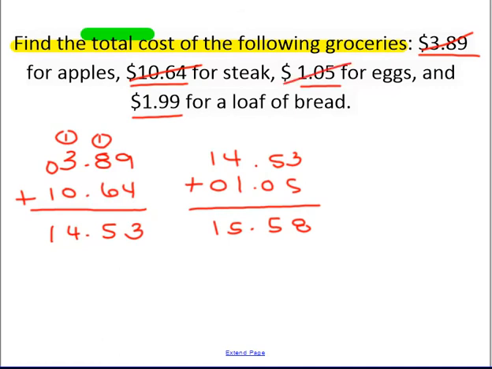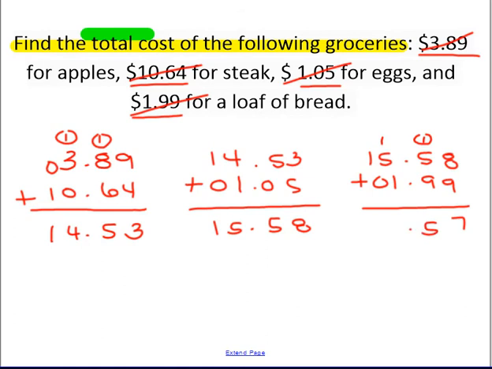So now I just added the eggs. I have 15.58. I'm going to add my 0 as a placeholder. Now I'm adding the loaf of bread. All right, so the cost of all of these groceries is $17.57.